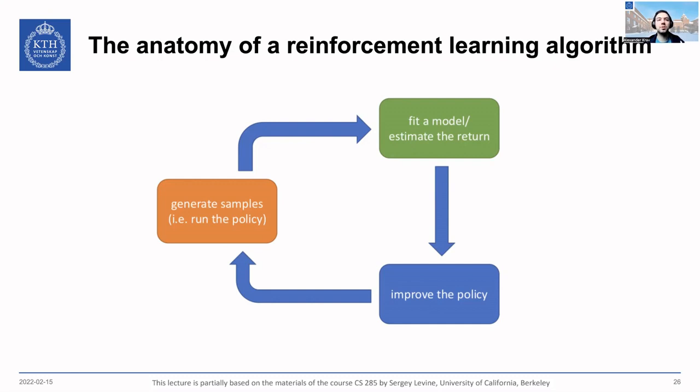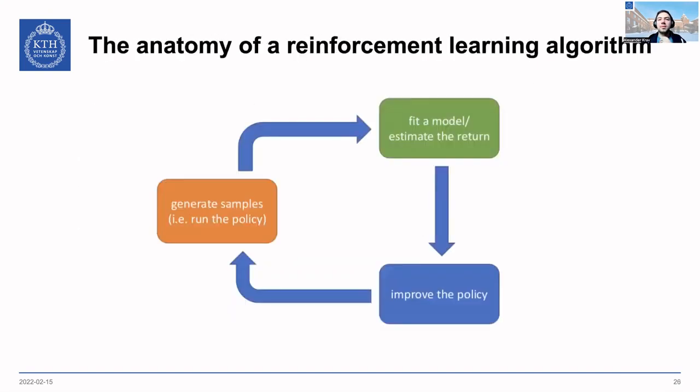So we generate the samples, and if you remember, those samples are basically the states and the actions. Then we estimate the return or reward that we get from the sequences of states and actions. Apart from estimating, we can also fit a model that gives us, for example, the Q function value or value function.